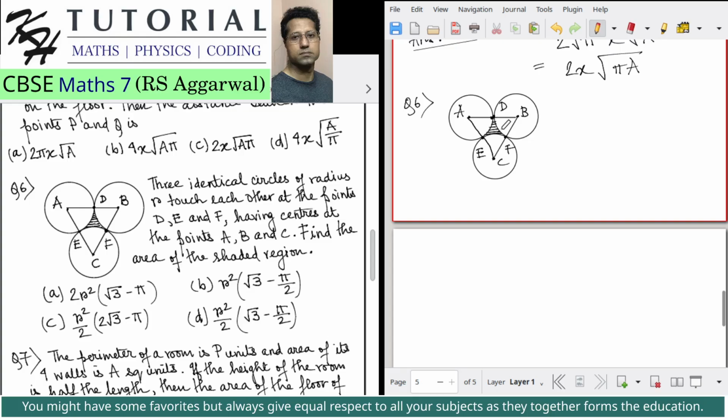Okay, now first of all, since all the three circles are touching each other and they are equal circles, meaning identical circles, they have the same radius, which is given to be r. So this is r, this is r, this is r, this is r. Now, we can say that AD is equal to DB is equal to r.